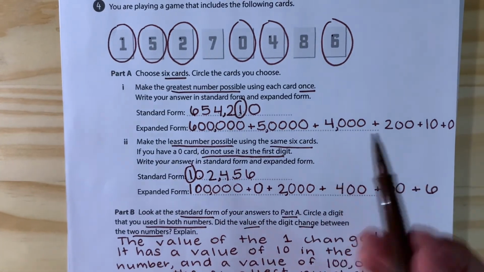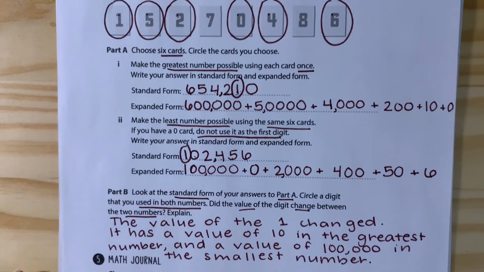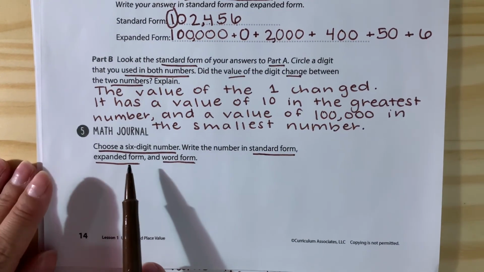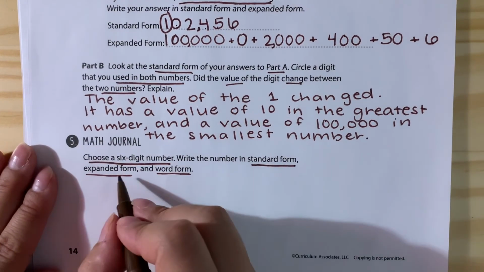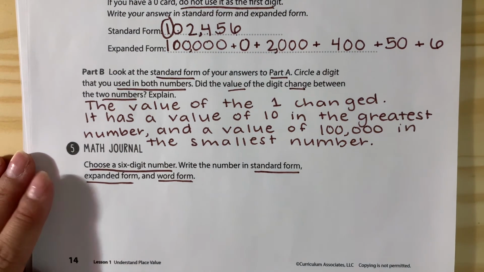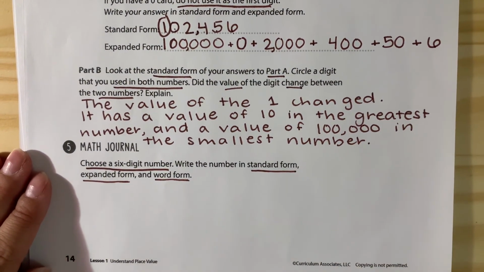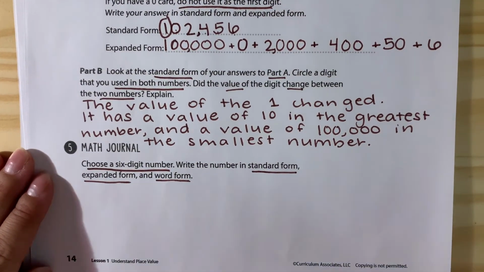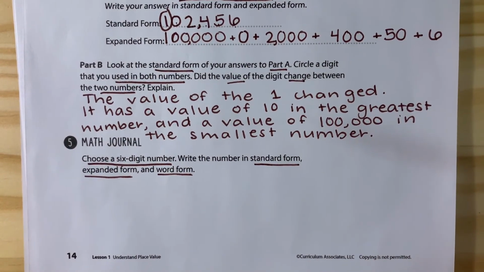You don't need to choose the same ones that we did for number 4. You can pick new numbers, and then once you have your standard form, expanded form, and word form for that number, I want you to log back into the Google Meet and show me. That way I can check it off that you have completed the workbook pages for today.